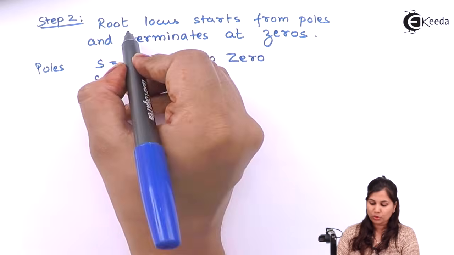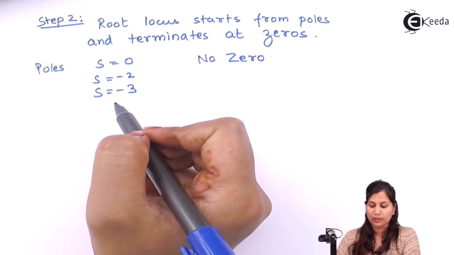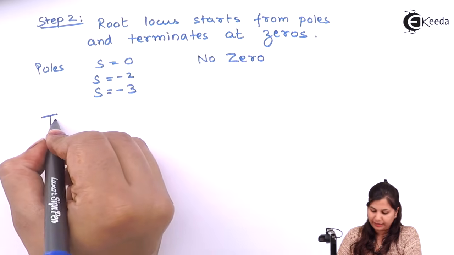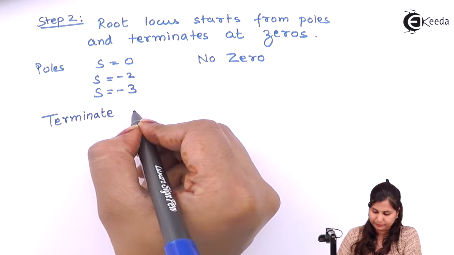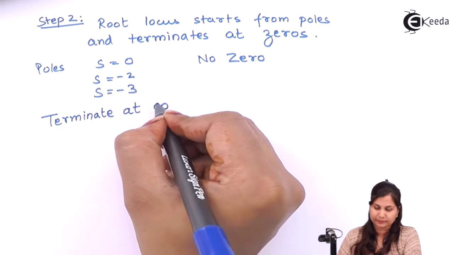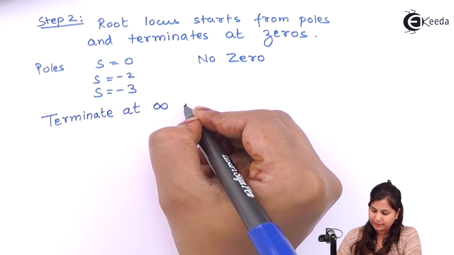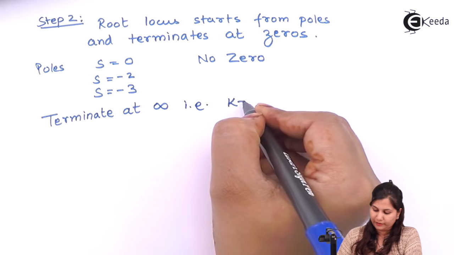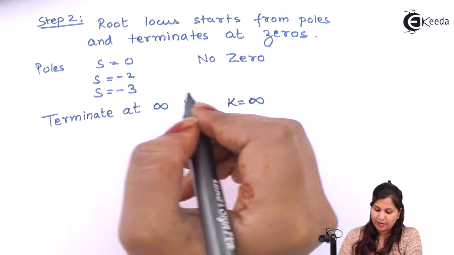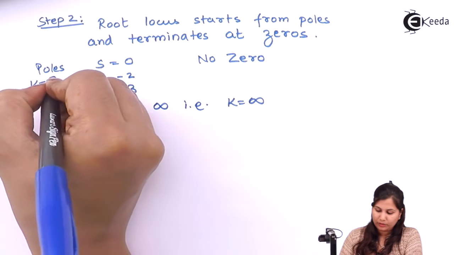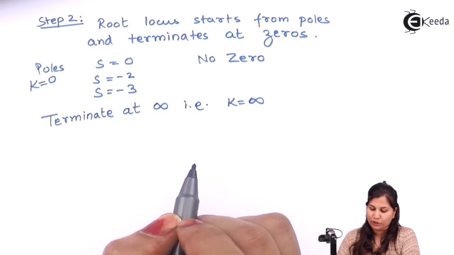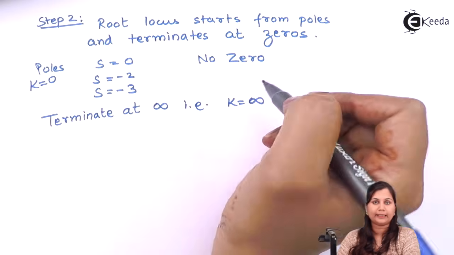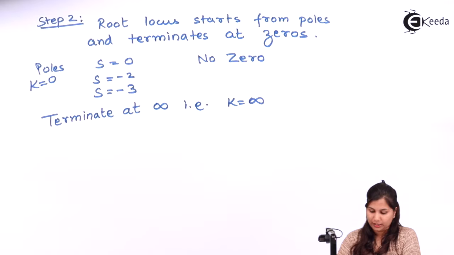So the root locus will start from the poles but it will terminate at infinity. It starts from K equals 0 and terminates at K equals infinity. This is the starting and the ending point of the root locus.